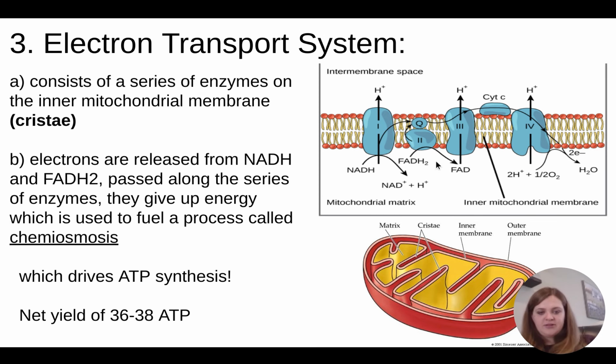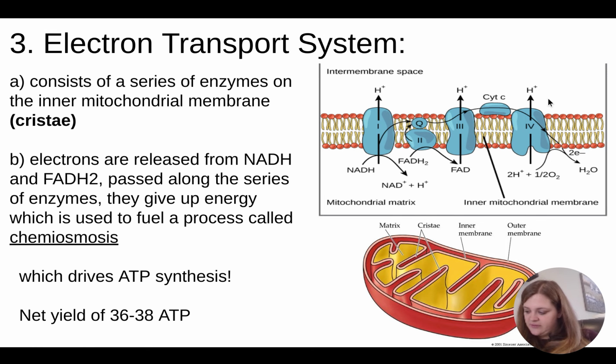But these electrons are going to be pushed along, and these H's are going to be pushed out into the intermembrane space. And this is what is going to drive the ATP synthase. You're going to get about 36 to 38 ATP in this step alone. That's quite a bit of ATP just by pushing electrons through these proteins and then pushing them back through at the very end here.